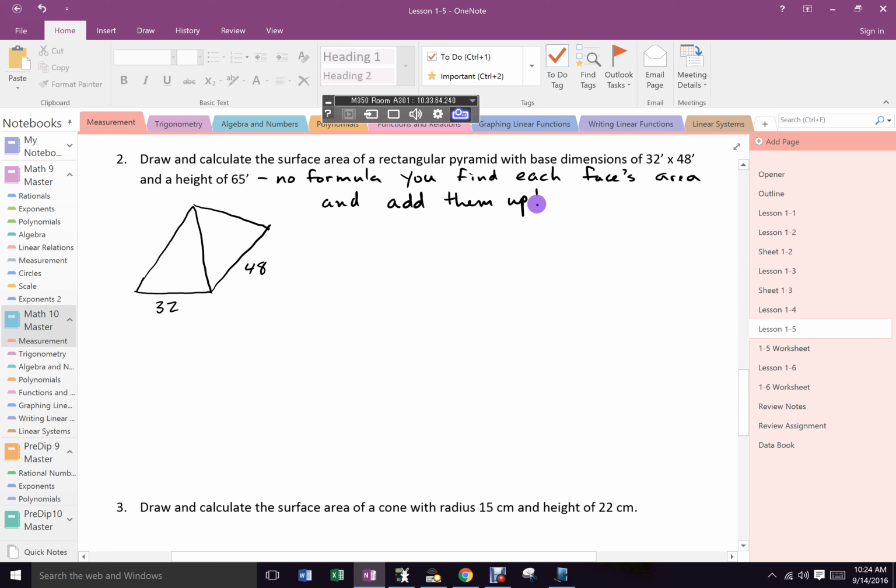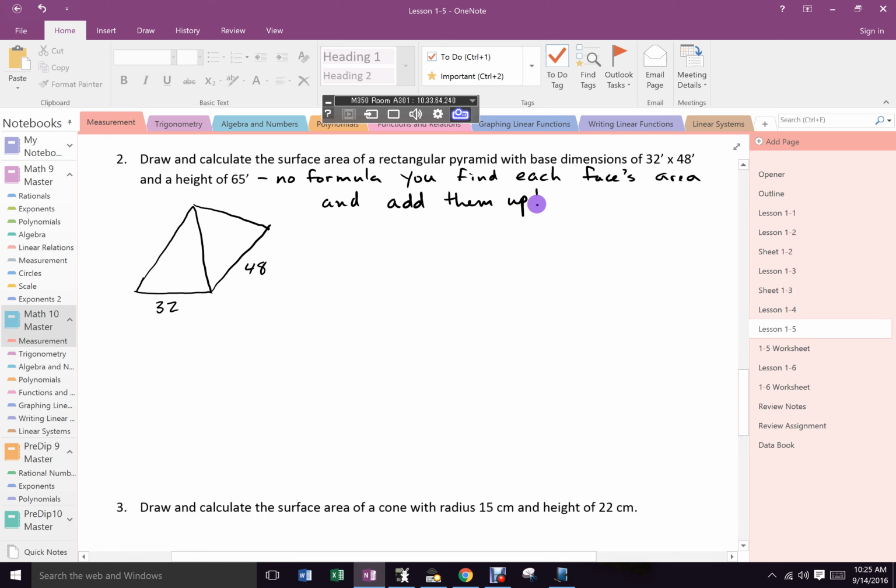This is the hardest kind of surface area question with a single shape that you can do. This one. That's why it's in your practice. The hardest one you'll get in grade 10. Okay? So I don't have a formula, do I?